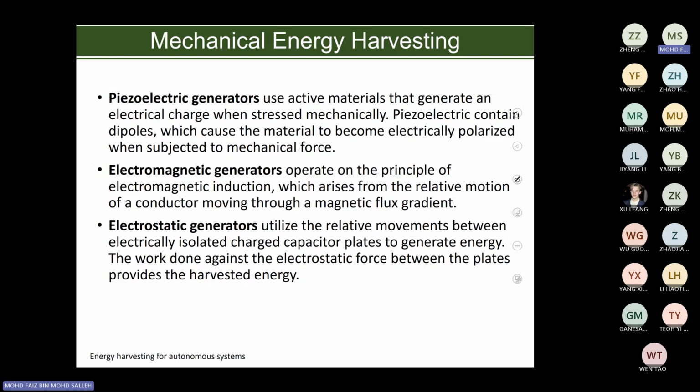So when you give some force, one side is more positive and the other side is more negative. So when you have the distribution of the charges, you will produce what? Voltage.